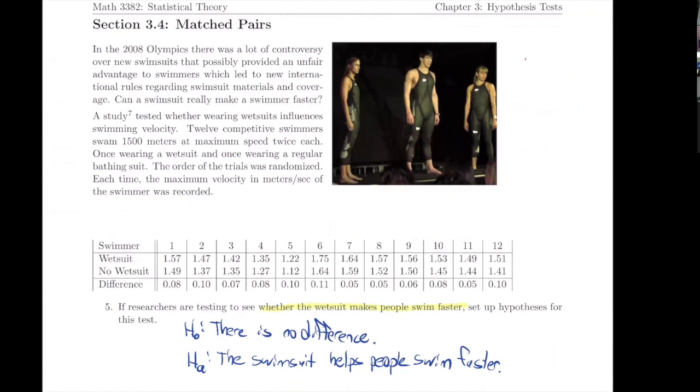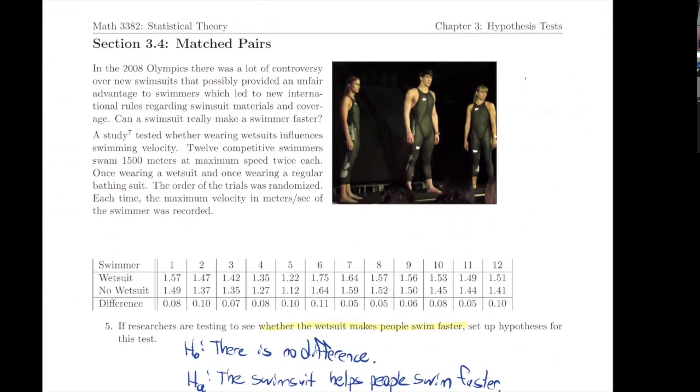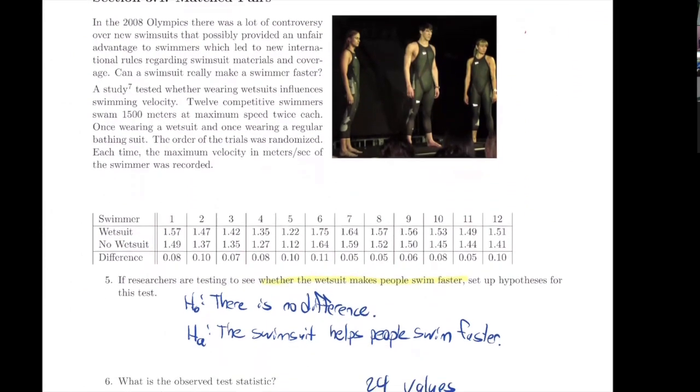They swam with, I imagine, a more traditional wetsuit, and they recorded their maximum speed in each of the suits. They were curious whether the wetsuit made people swim faster.